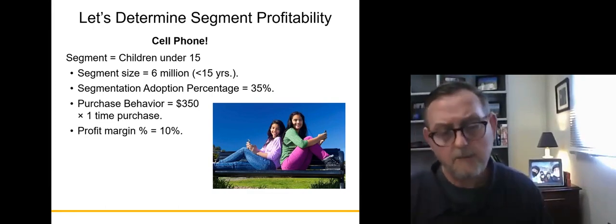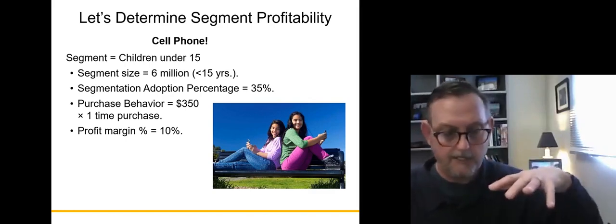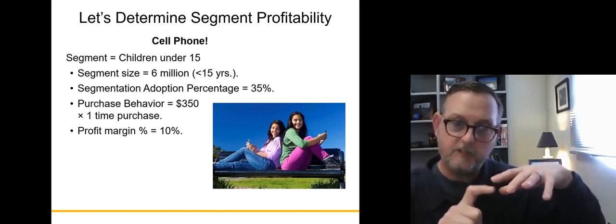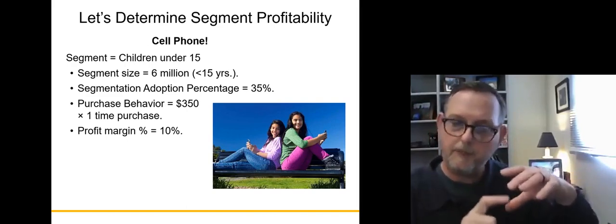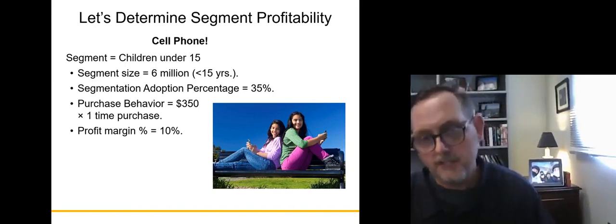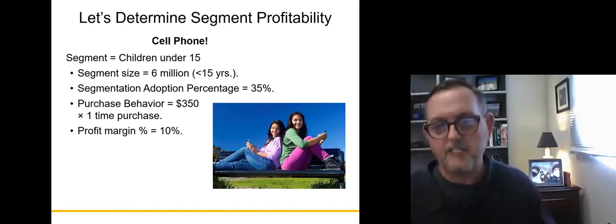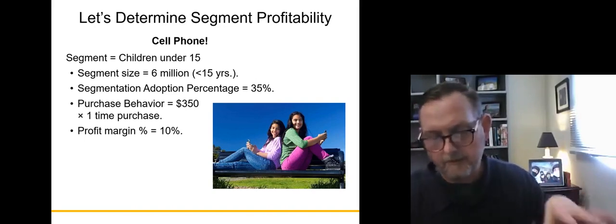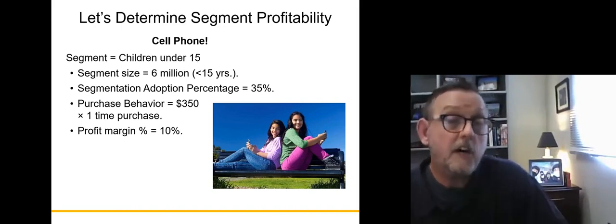Our profit margin, if we sell a product, so when we're talking about profit margin, what we do is we take costs and we take our price, and the percentage of the amount between those two is what we call profit margin percentage. So 10% of the sales price is accounted for in profit. 90% would be our costs.